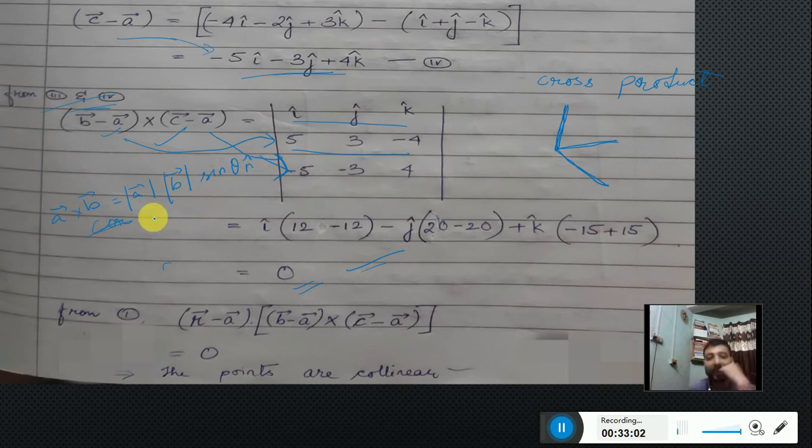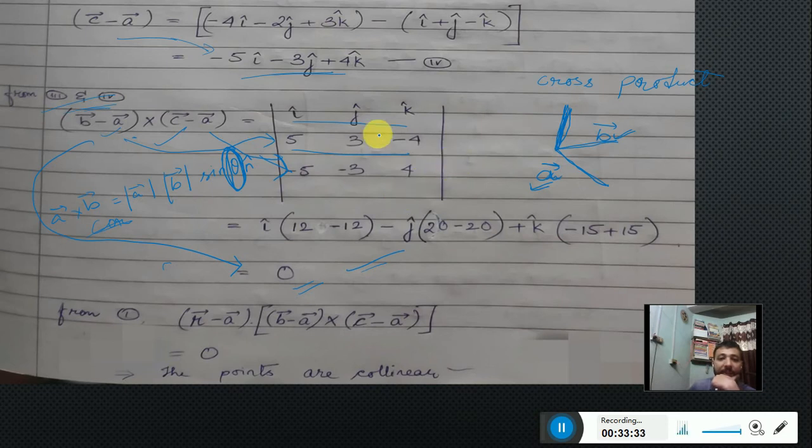Suppose this is my A vector and this is my B vector. The cross product will be a vector perpendicular to both of them. We can clearly see that A is not 0 and B is not 0, so how can their cross product become 0? It can become 0 only when theta is 0 degrees, because sin 0 is 0.